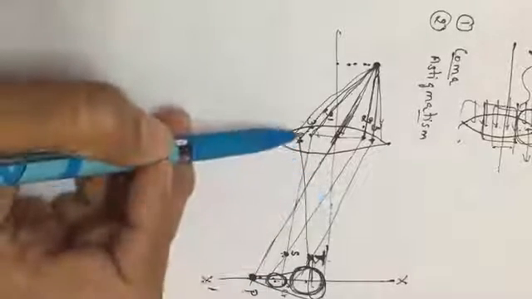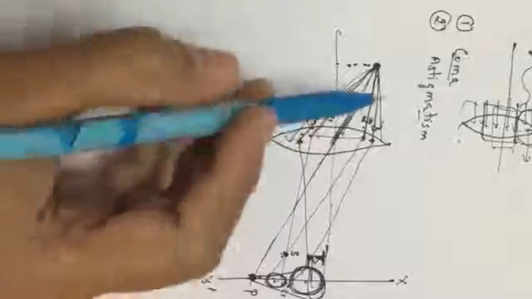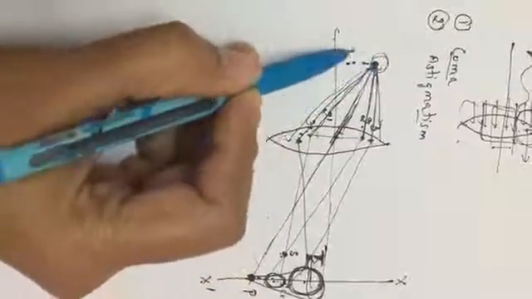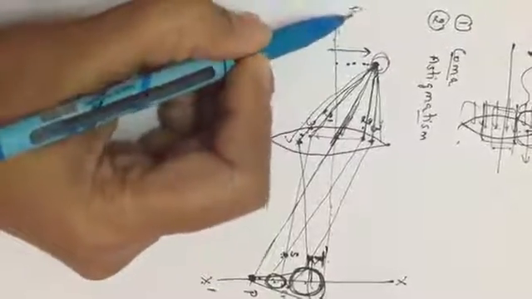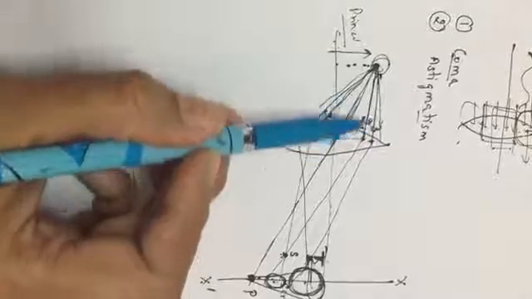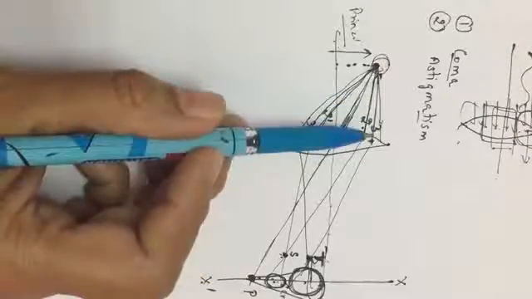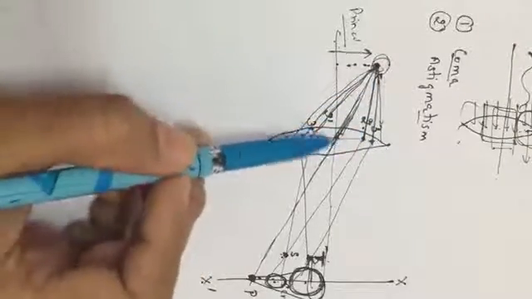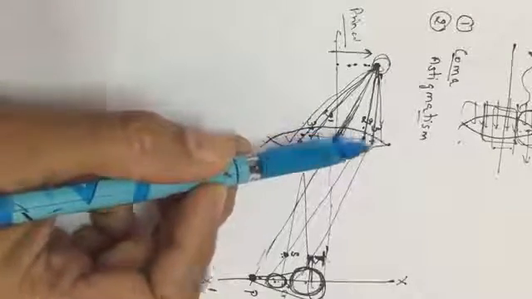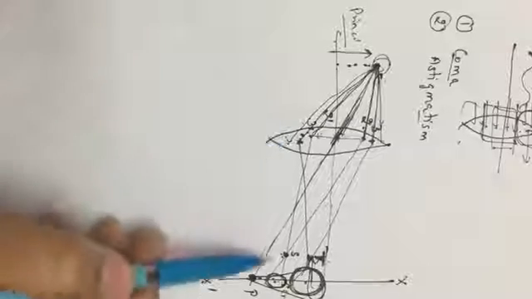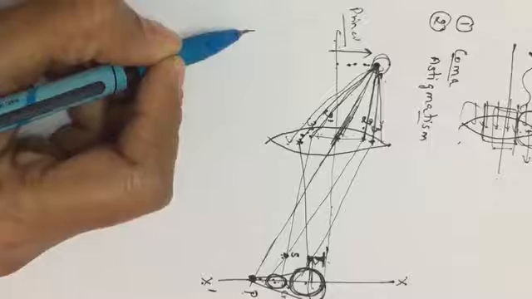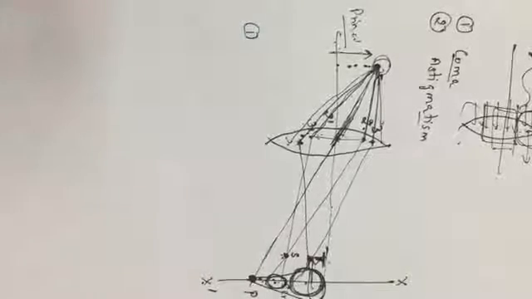The coma aberration is due to the reason that the object is far away from the principal axis and the rays coming from this source are away from the center or the pole of the lens. This coma aberration can be reduced with the help of two methods.